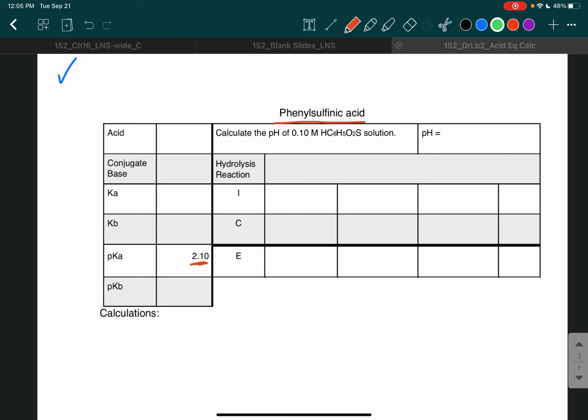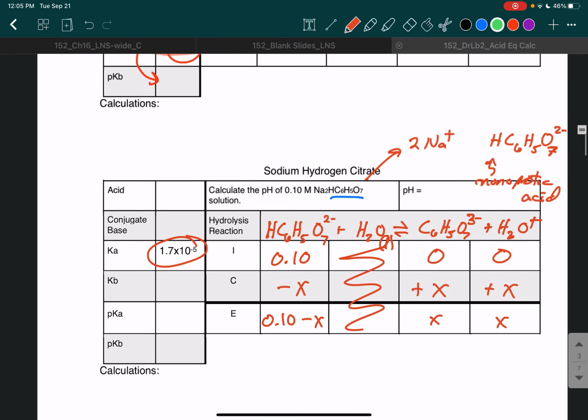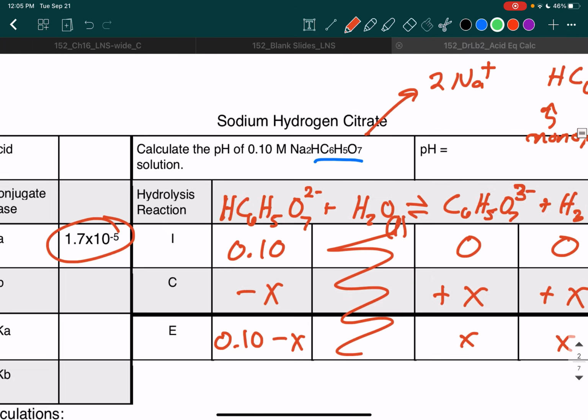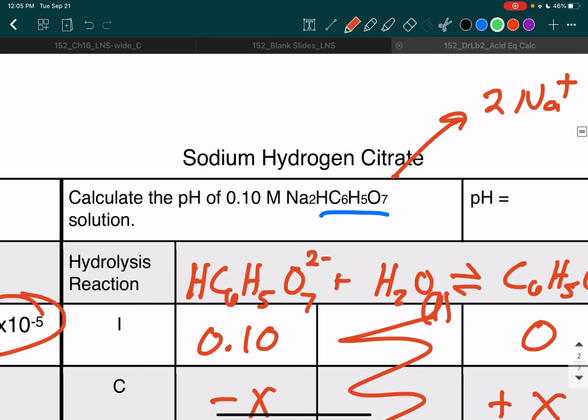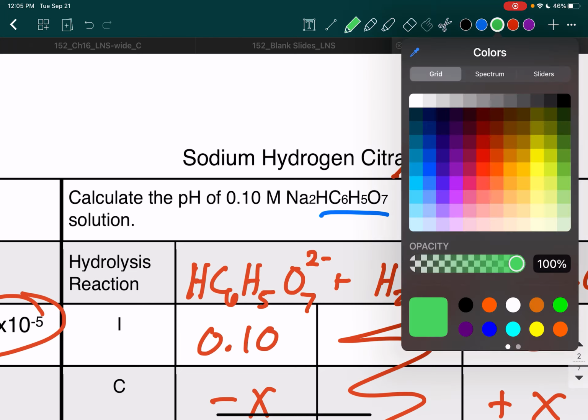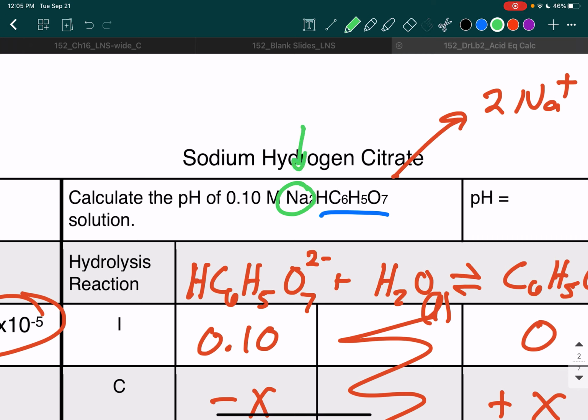This might be a silly question, but how can you tell the charge of the... So for this one, let's go back. When we have that metal in front, the metal tells us we have an ionic substance.